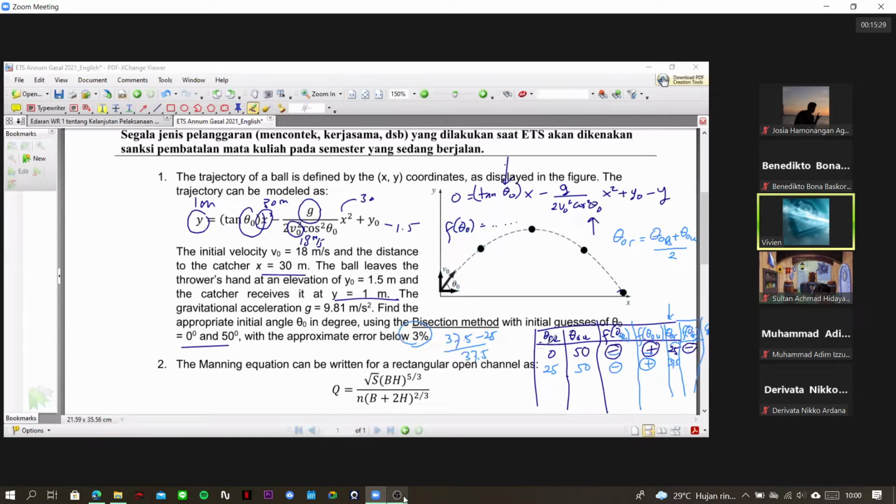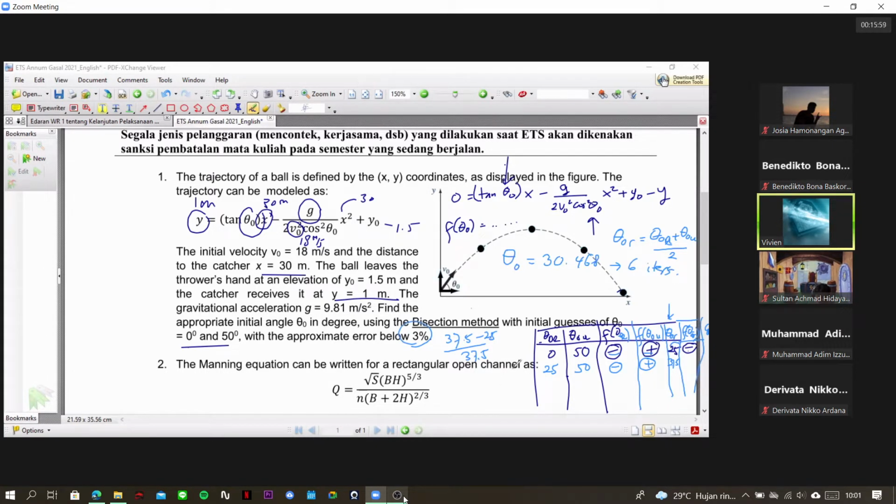Okay, so to get below 3%, based on my calculation, it will need 6 iterations, and the value of theta 0 will be 30.468, in 6 iterations. Okay, and I think that most of you already got this correct.